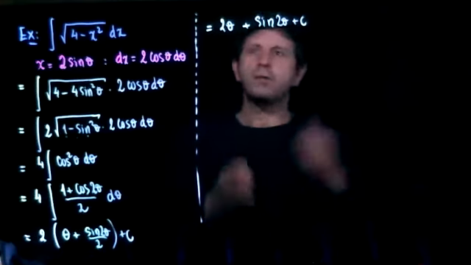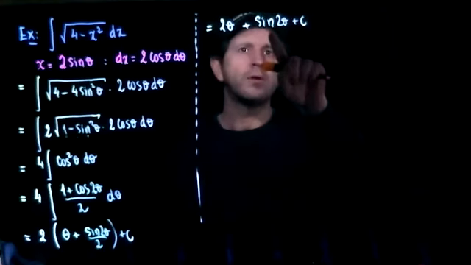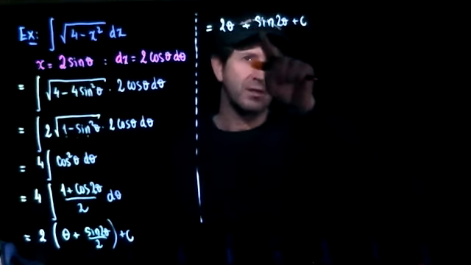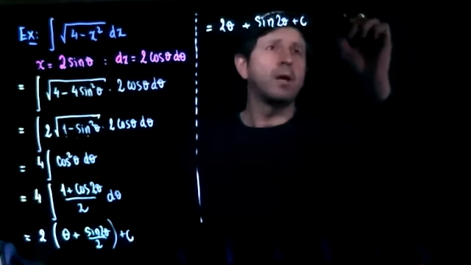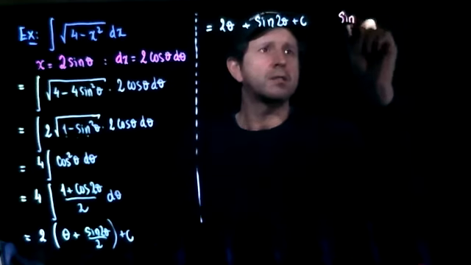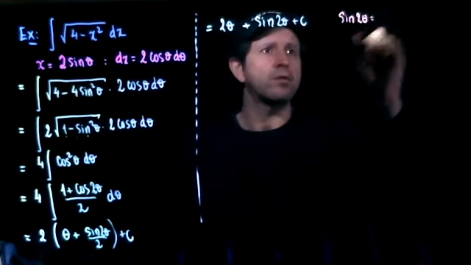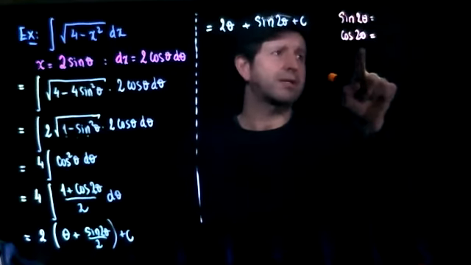Okay. There's one formula here we need to know, the identity for sine of 2 theta and cos 2 theta. These are important identities you need to know.